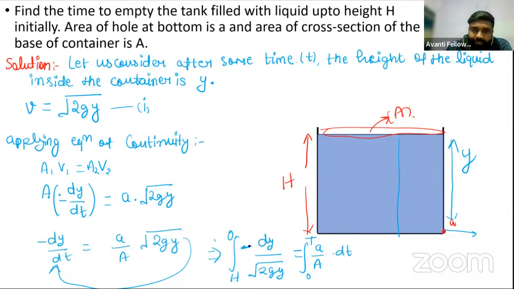Now to remove this minus, you can reverse these limits. Okay. So what you can do, you can make 0 to h dy by root 2 gy is equals to small a by capital A into dt.